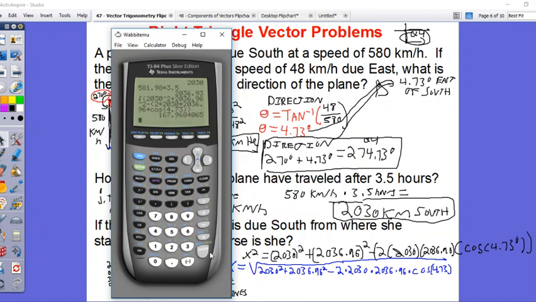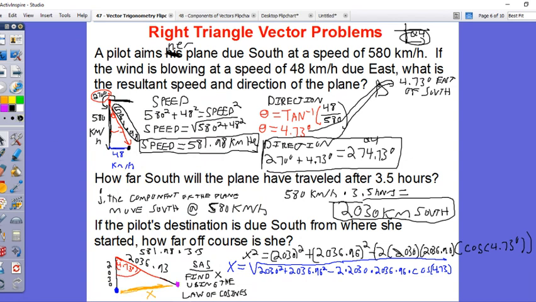Plug it all in. I'll get 167.96. So x is equal to 167.96 kilometers away, kilometers off course.